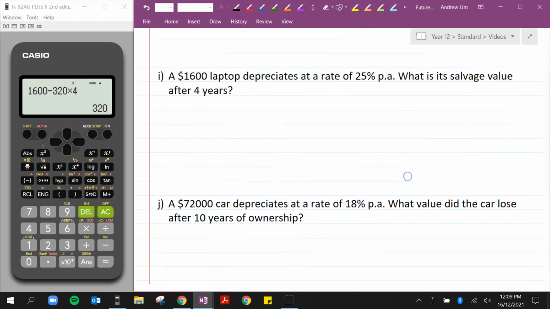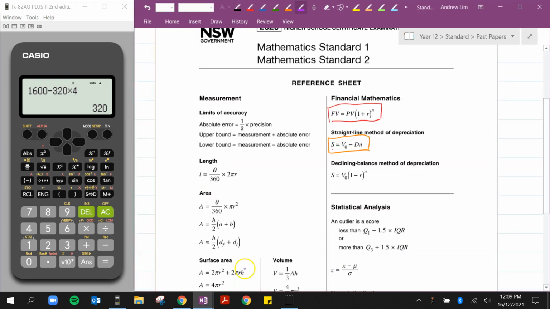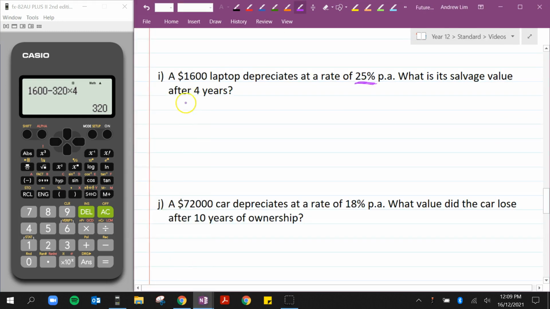Right, part I. A $1,600 laptop depreciates at a rate of 25% per annum. What is its salvage value after 4 years? So because it's depreciation and we're given a percentage, we need to use this. So the formula is S is equal to V0 times 1 minus R to the power of N. Remember depreciation is minus, so it needs to go down in value. So V0 is 1,600.